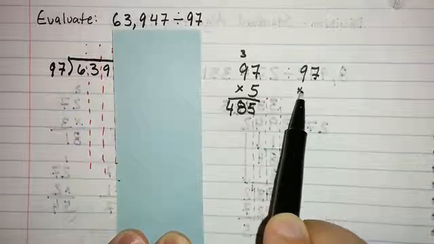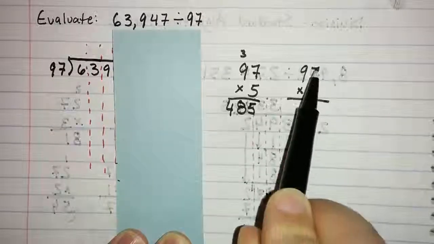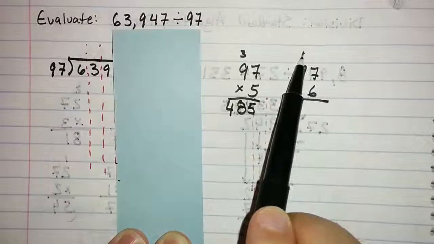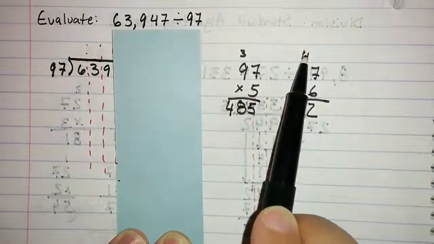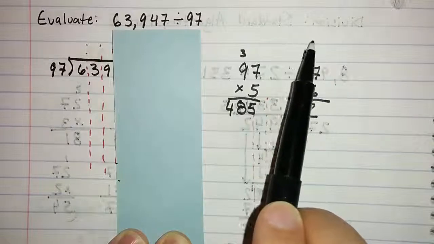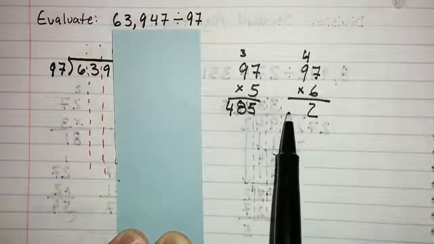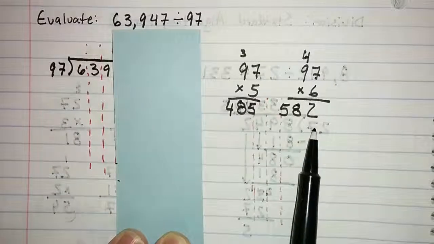97 times 6. 6 times 7 is 42. 6 times 9 is 54, 55, 56, 57, 58. 582.